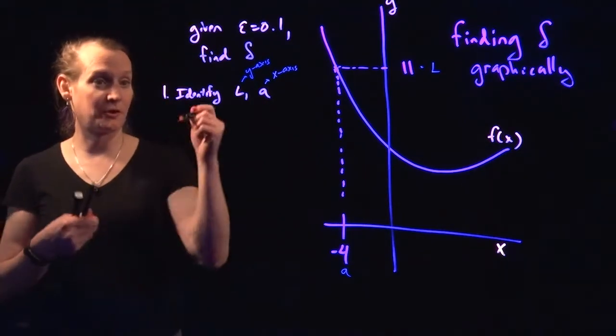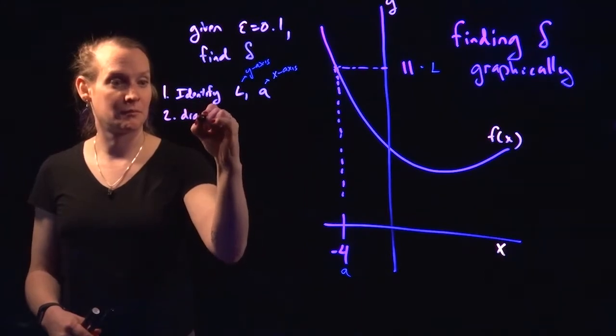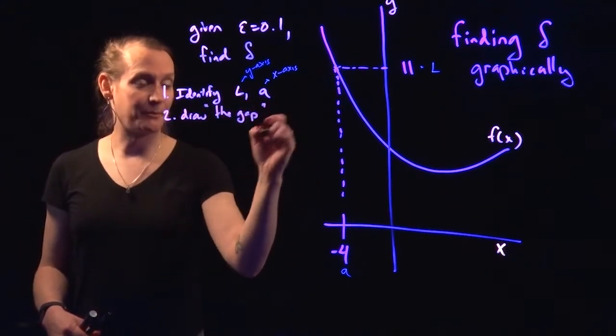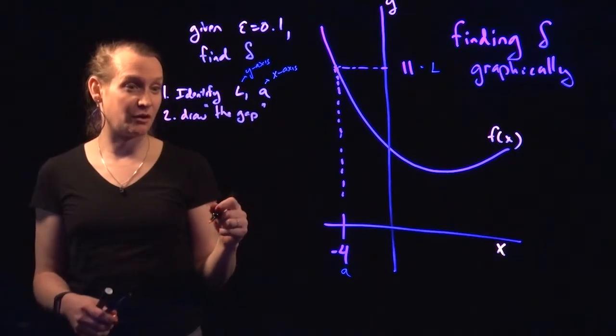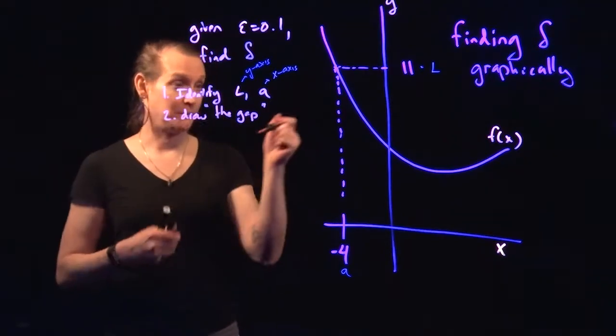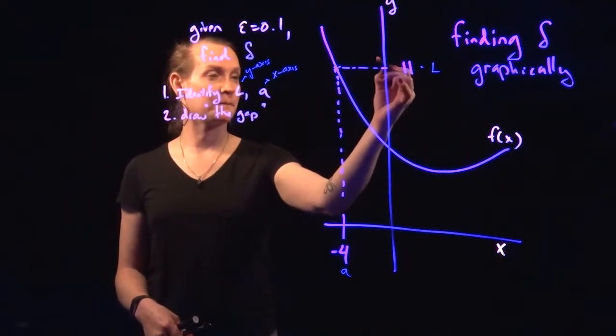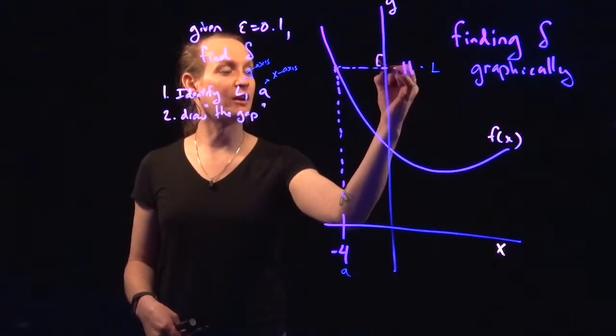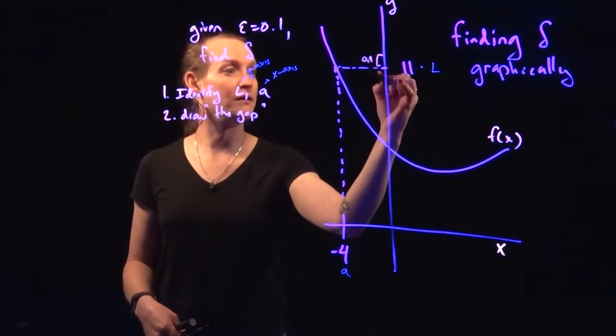Two, I think what I'm going to want to do is draw the gap, or what I think of as the window. What that means is that I'm going to go off a distance right here of 0.1.